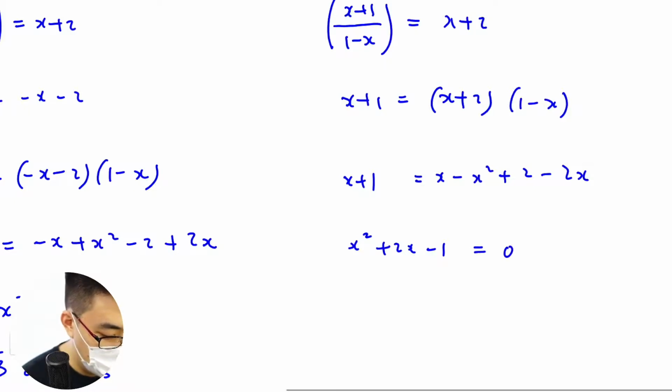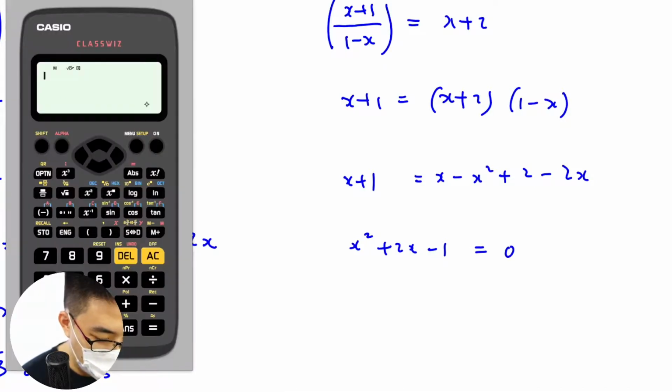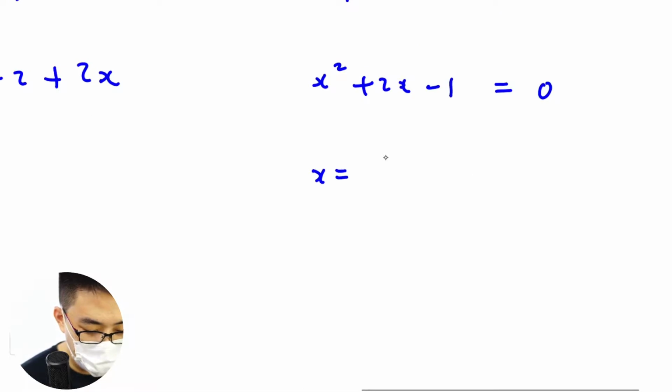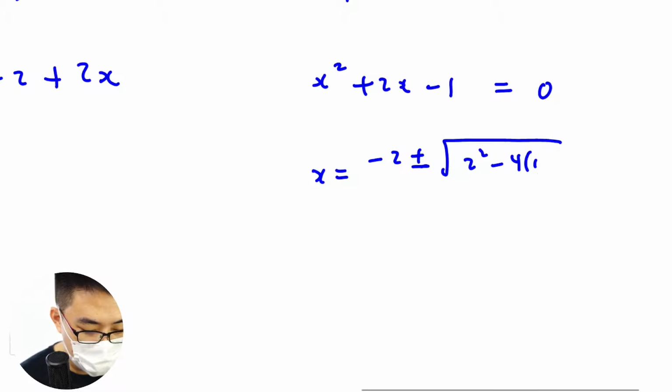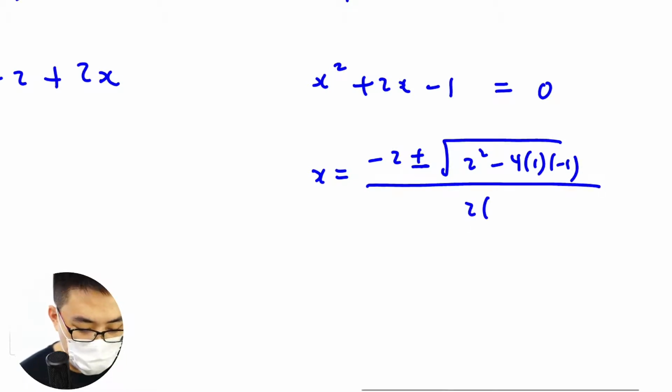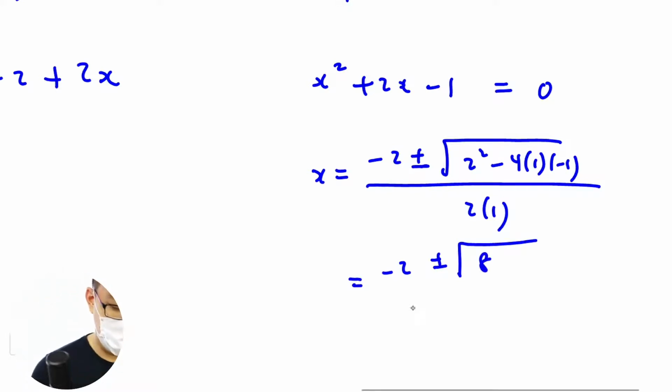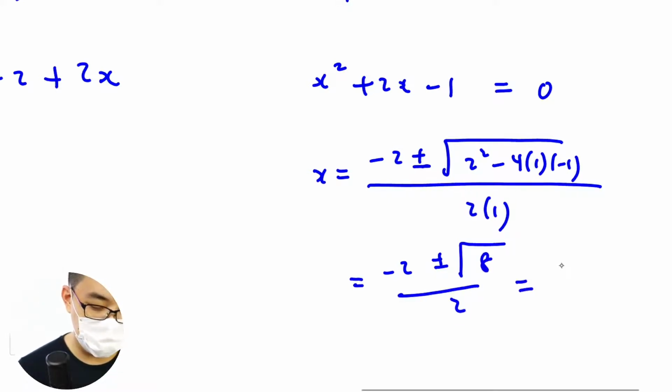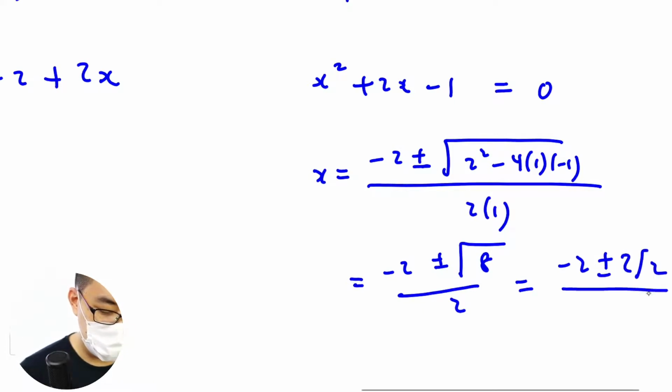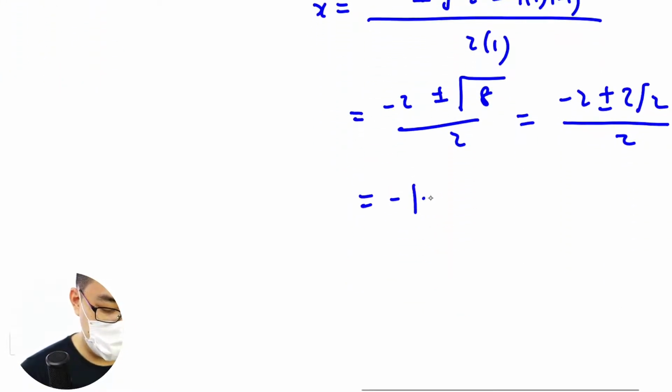Okay, in calculator, so we can find the exact. So this is minus 2 plus minus 4, 8. Root 8 is 2 root 2. Minus 1 plus root 2.